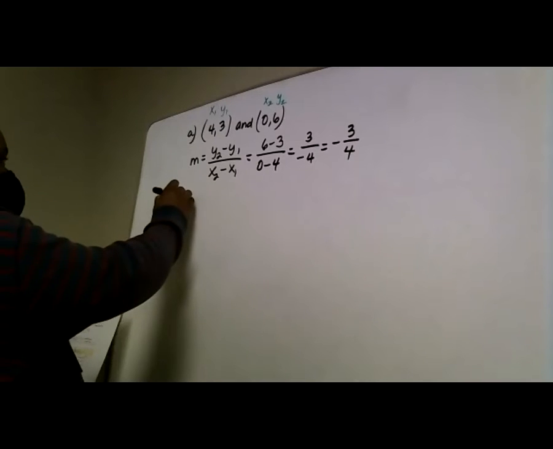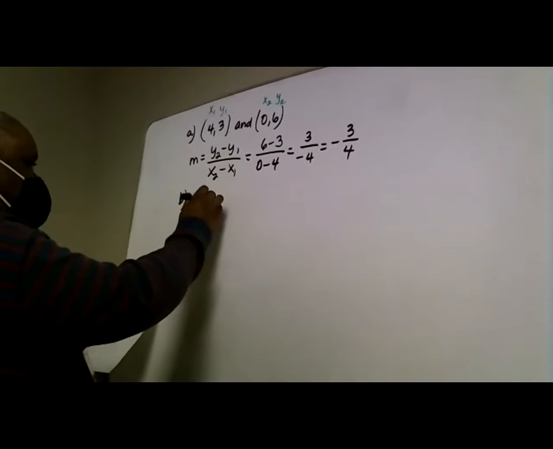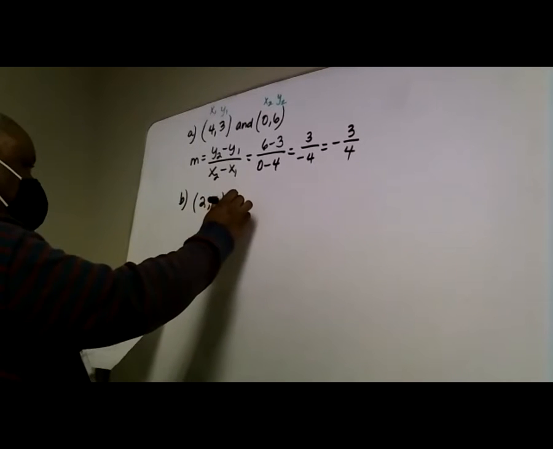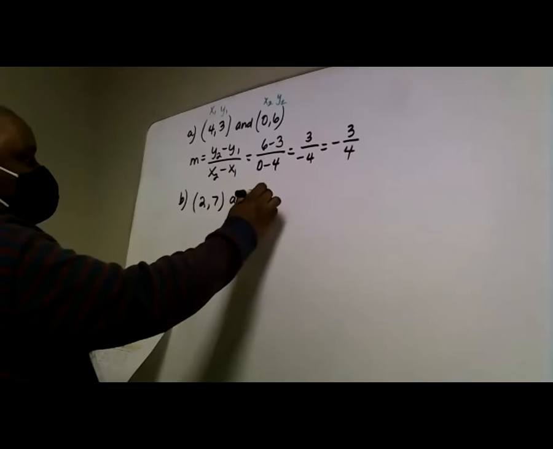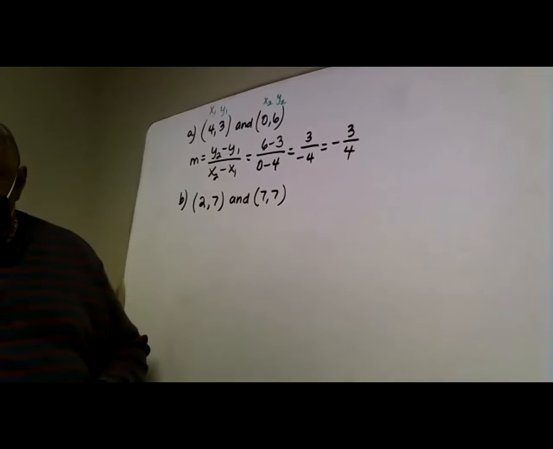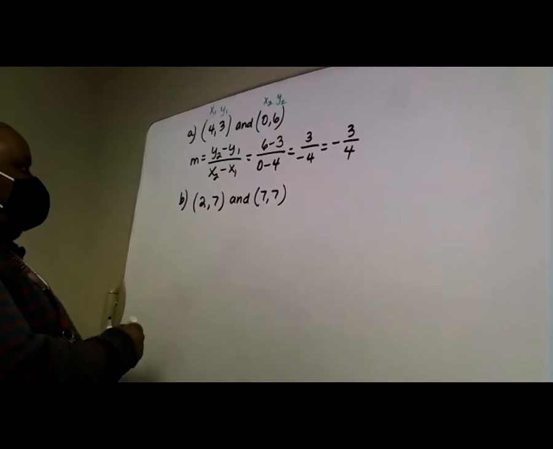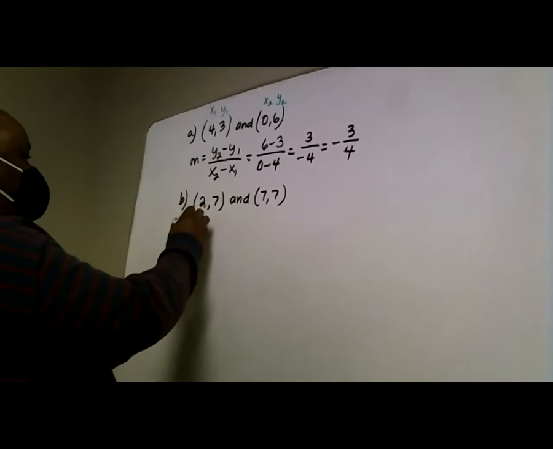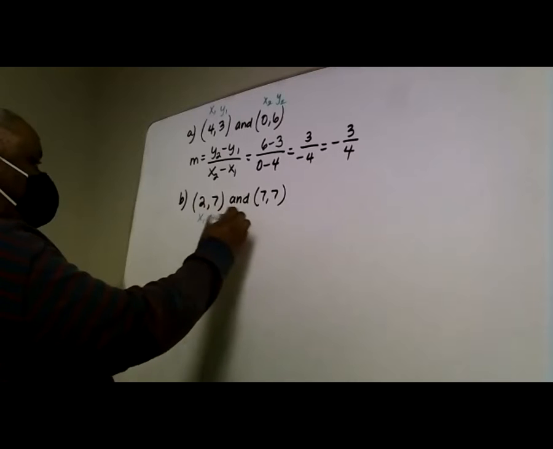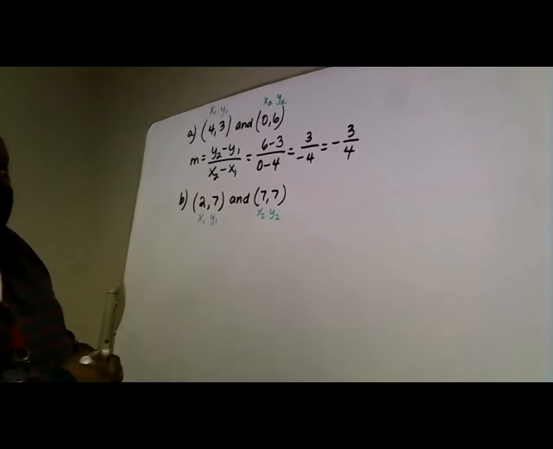Now suppose you had something like this. Let's say 2, 7 and 7, 7. And we want to find the slope of that line going through those 2 points. So this will be x1, y1 for that first ordered pair, and x2, y2 for the second ordered pair.